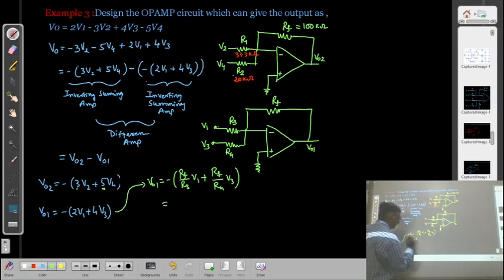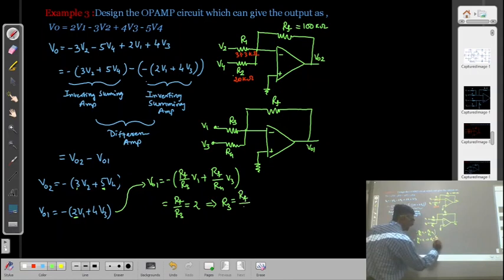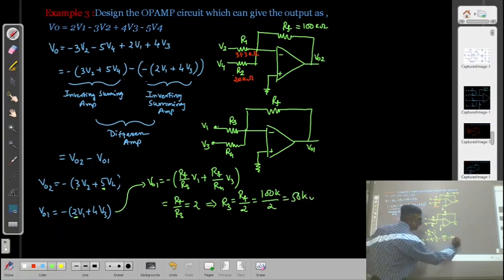Okay? And we require, so RF by R3 must be equal to what? 2. If you compare this, then RF by R3 is equal to 2, means R3 will be equal to RF by 2. RF is 100 kilo ohm divided by 2, so this is 50 kilo ohm.